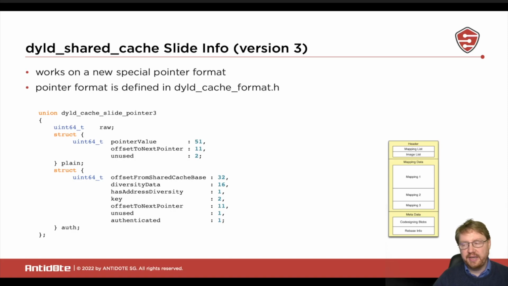That's still the same, but now we have something called key, has address diversity and diversity data. To understand this, you need to understand that the key is basically just selecting which of the 4 keys of PAC is used: IA, IB, DA, or DB.